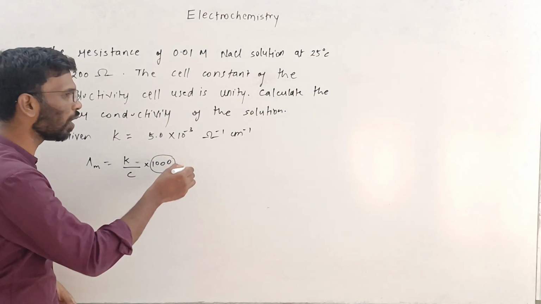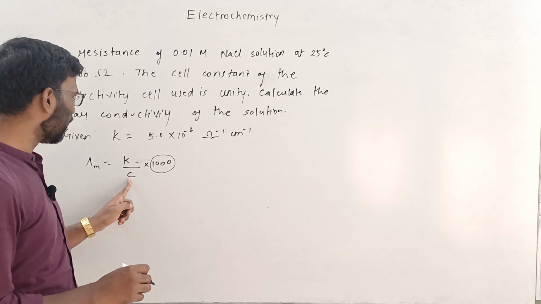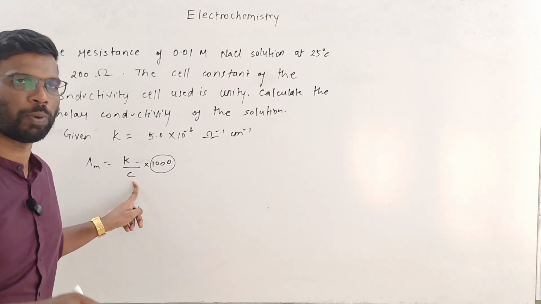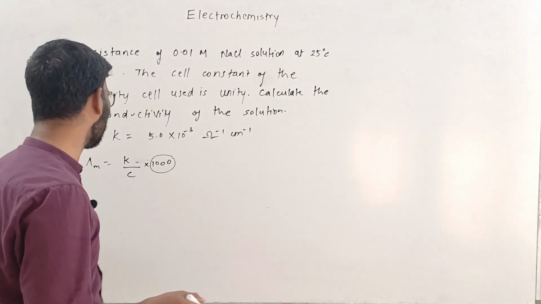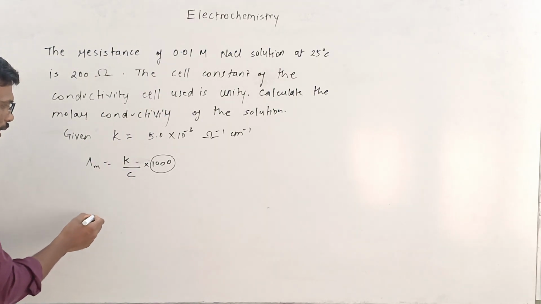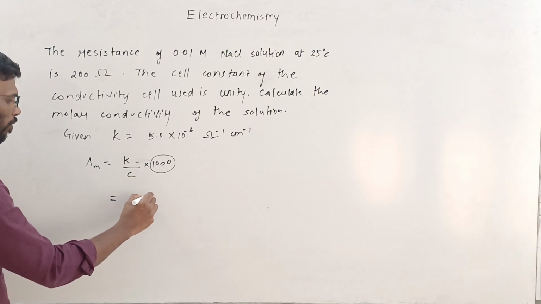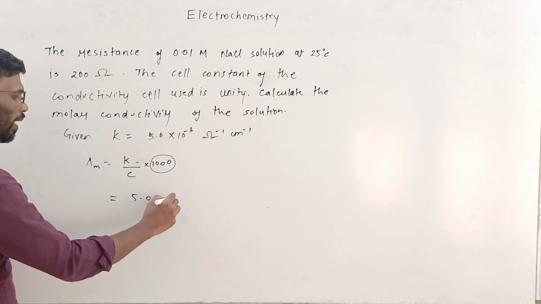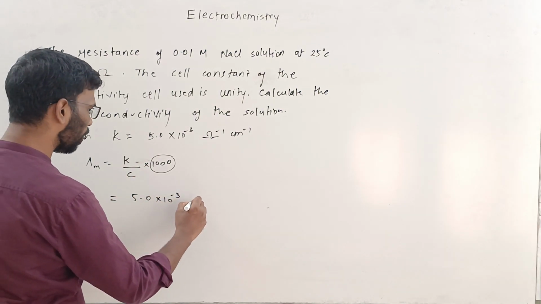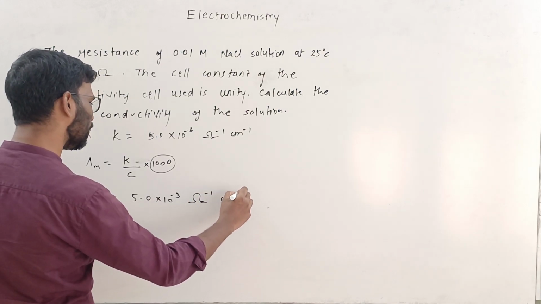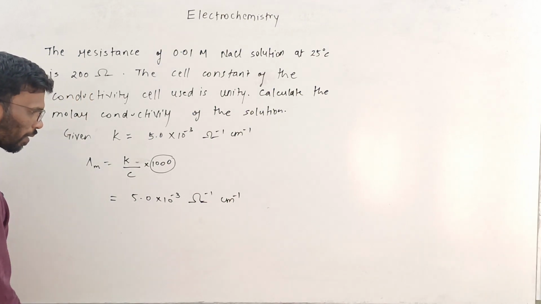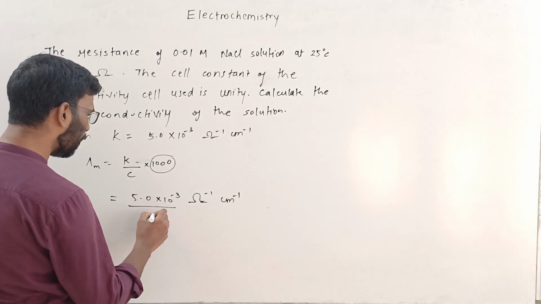When we multiply by this 1000, the concentration is as good as writing moles per ml. Here conductivity is given to be 5.0 into 10 raised to minus 3 ohm inverse centimeter inverse, multiplied by the concentration.